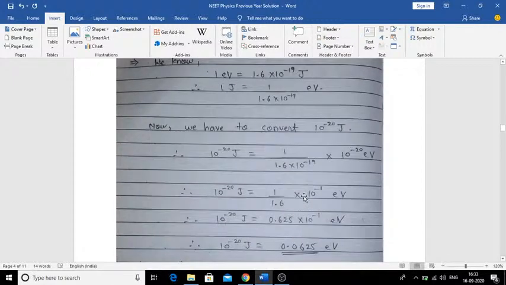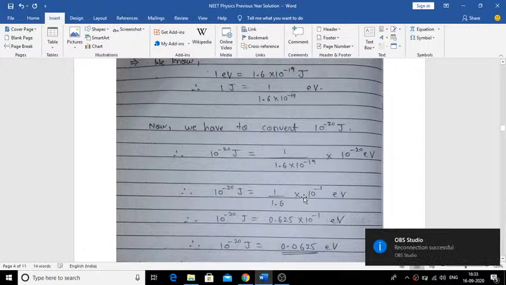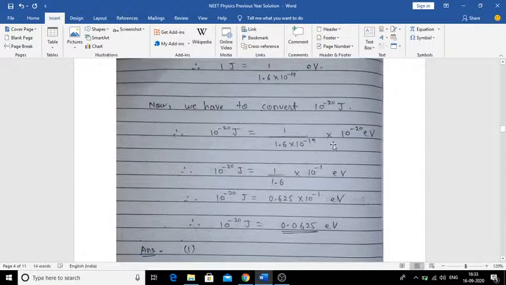Now on solving this we will get our answer. Here you can see that 10 raised to minus 19 and 10 raised to minus 20 are solved first. So this 10 raised to minus 19 will become 10 raised to plus 19, and 10 raised to plus 19 minus 20 will give you 10 raised to minus 1. 1 upon 1.6 will be as it is.